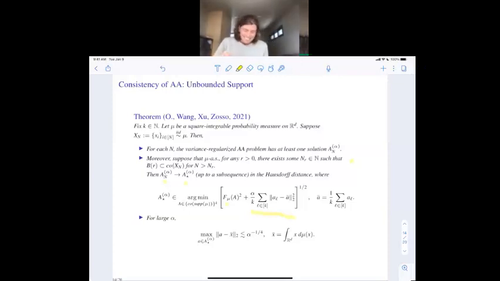And so in this case, we could also say something about the dependence on alpha. For large alpha, we can say that the largest distance between an archetype point and the mean of the original data is going to zero at a rate alpha to the minus 1/4. And so this makes sense, right?